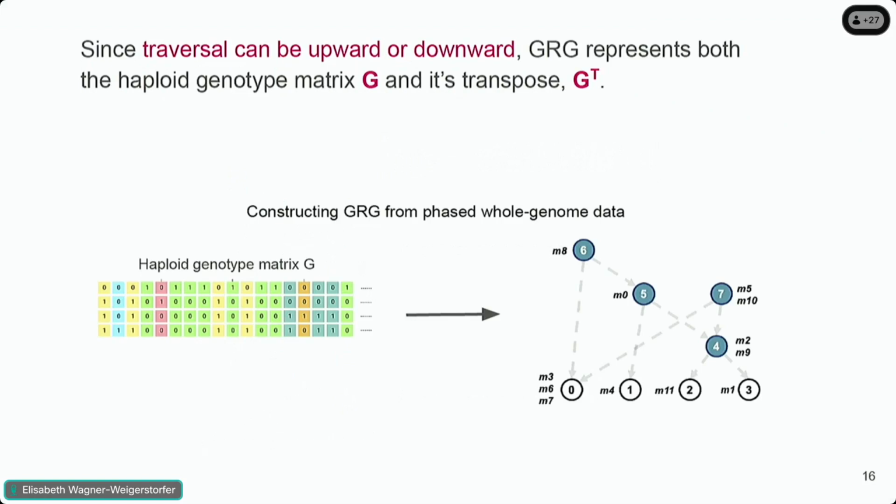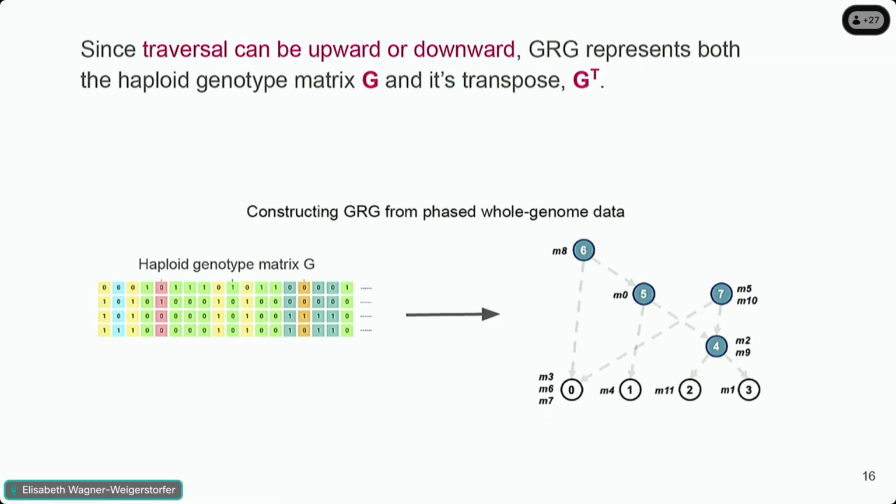The GRG graph represents both the haploid genotype matrix G and its transpose, G transpose. Mathematically, or if you program it, you can usually only easily access either the row vector or the column vector most efficiently. But in GRG, these two are symmetric.